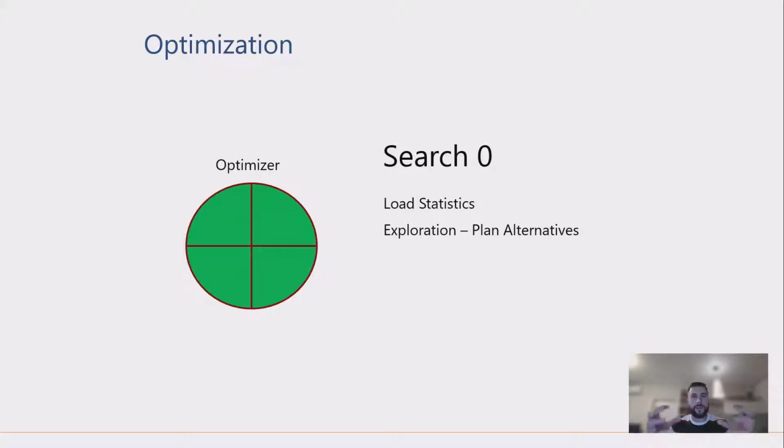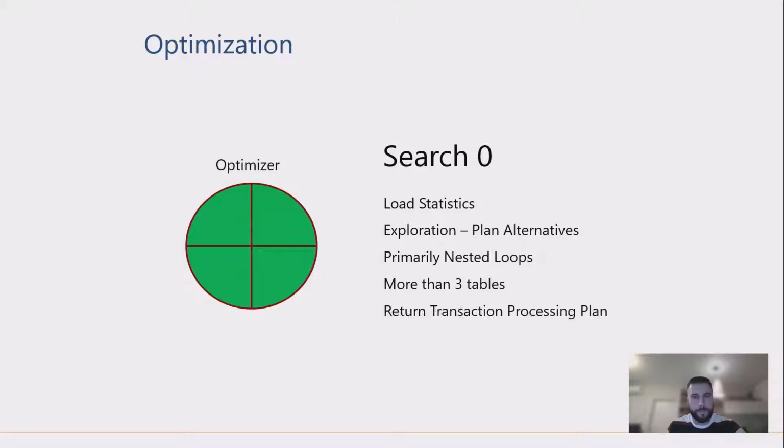Actually, SQL Server builds several query plans and compares their cost. Mostly on this stage, when SQL Server tries to join tables, mostly it will consider nested loops. After this stage, SQL Server will return transaction processing plan.